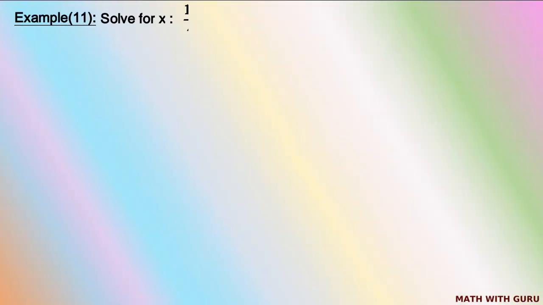Example 11. Solve for x. 15 over 4 minus 7x equals 9. Let me follow the second method here. Multiply the entire equation by 4. 4 is the only denominator here.